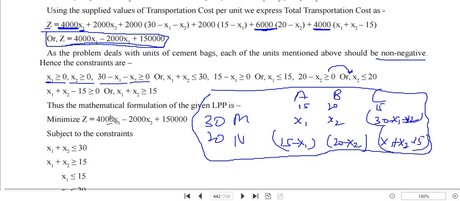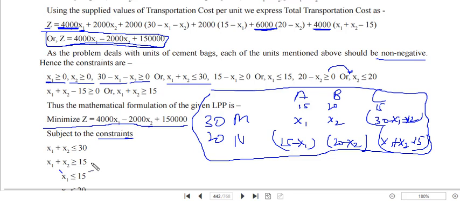So the mathematical formulation will be like this: minimize Z = 4000 x1 minus 2000 x2 plus 1,50,000, subject to the constraints. These are the constraints. The first constraint is x1 plus x2 is less than or equal to 30, right?